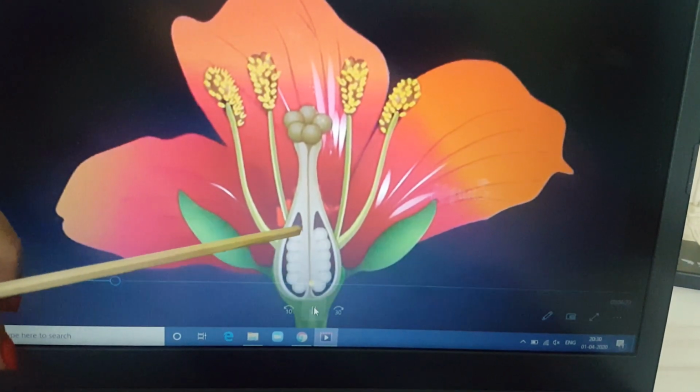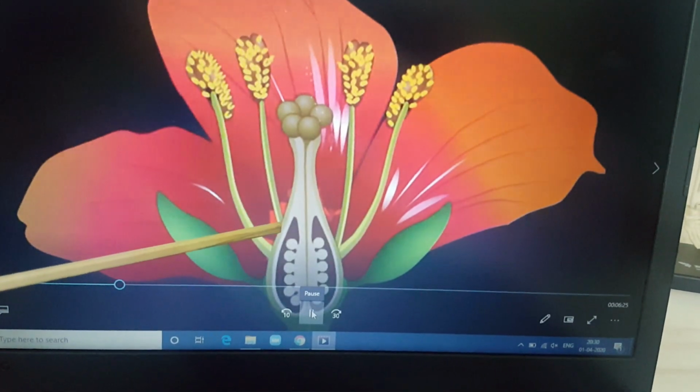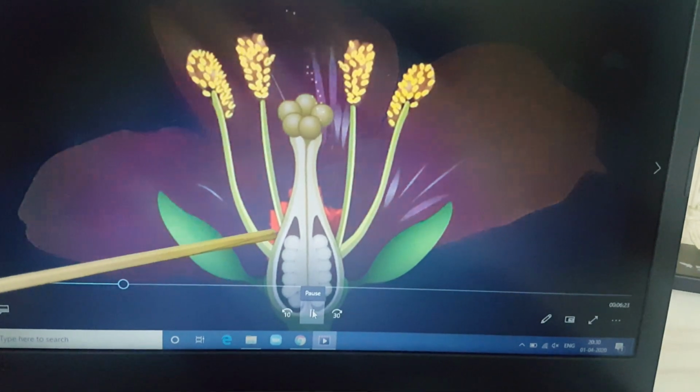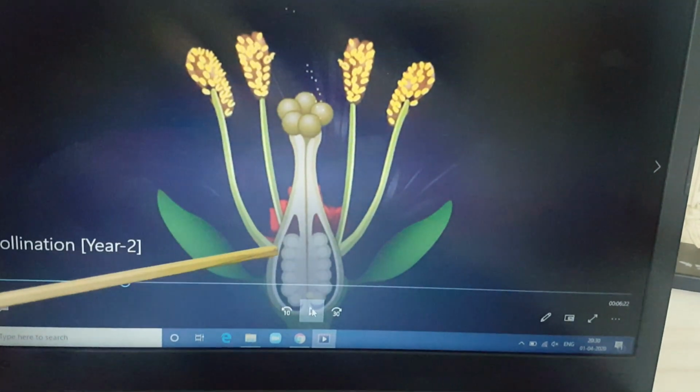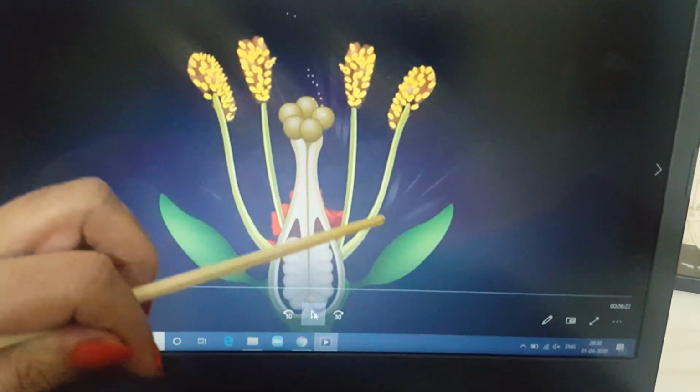Now what exactly happens after fertilization? Once the fertilization takes place, you will see that gradually, now look at this flower carefully, you cannot see the petals around here.